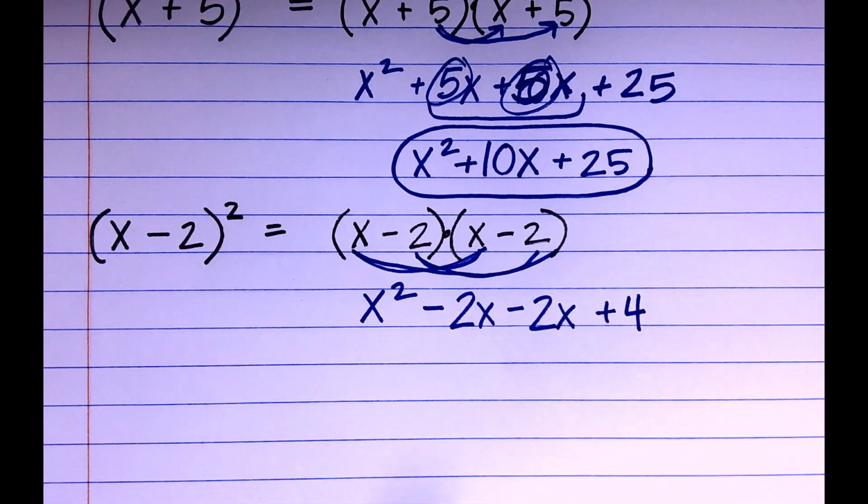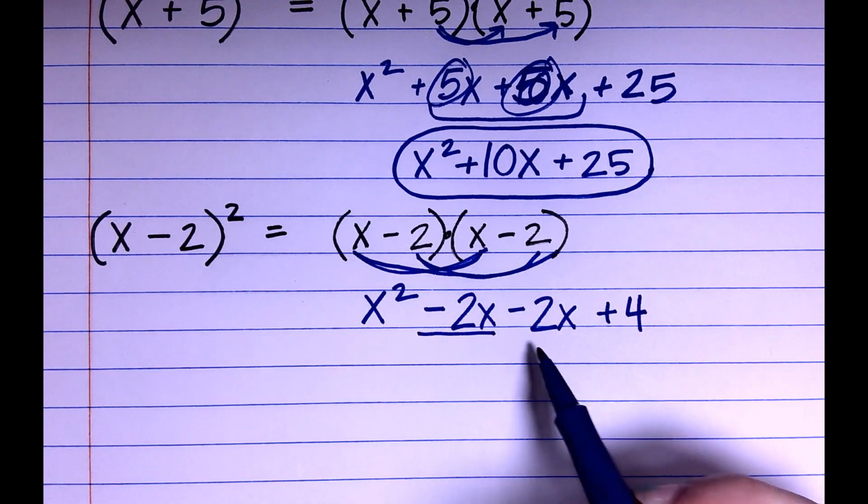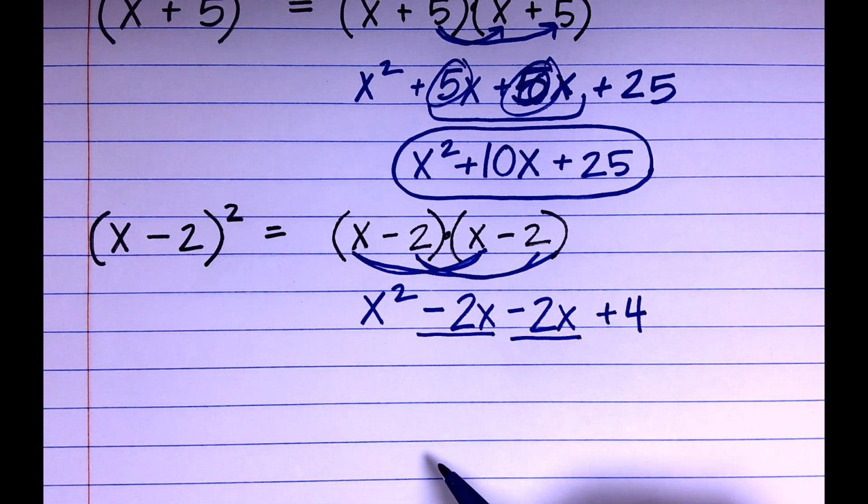Okay. So, now what? You combine the two like terms. Negative 2 plus negative 2 is positive? No. It'd be negative 4.